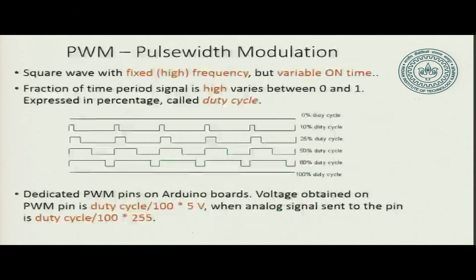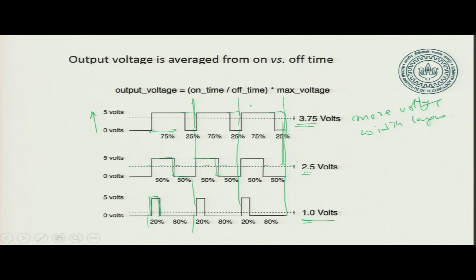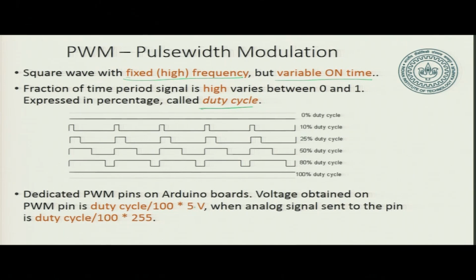And this is what we mean by pulse width modulation. A square wave with a fixed frequency but variable on time, and the fraction of time the signal is high varies from 0 to 1 and is expressed as a percentage called the duty cycle. So, what is the duty cycle? The duty cycle is the percentage of on time versus the total time.